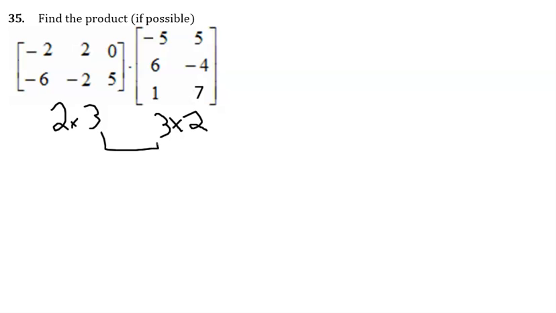Since the first matrix's columns match the second matrix's rows, that means we can multiply them. And your product will be the 2 and the 2.